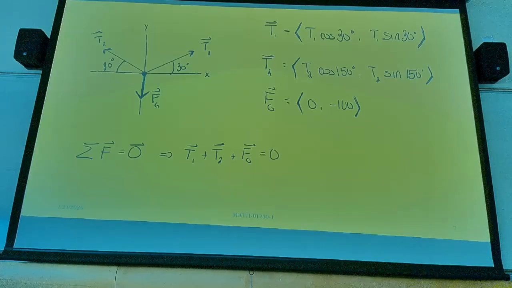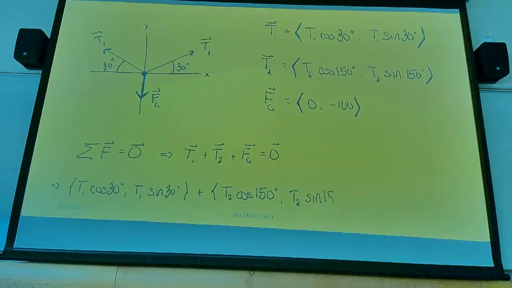T1 plus T2 plus Fg is 0. In component form, there are the equations.